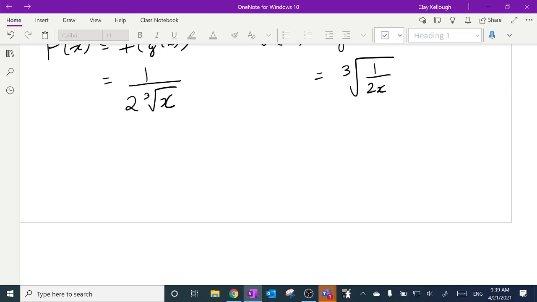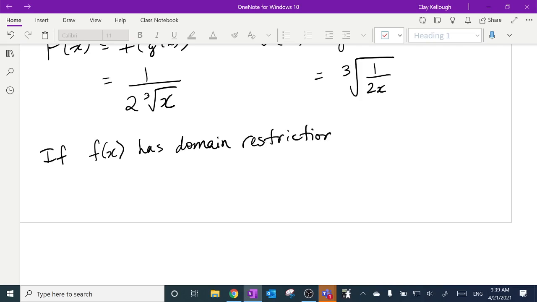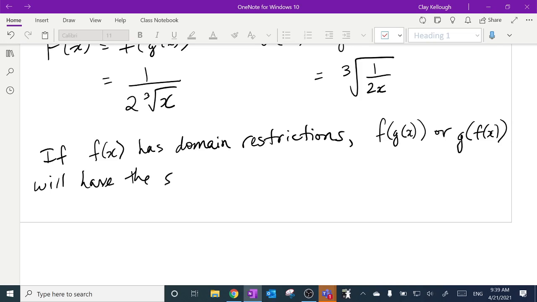If f of x has domain restrictions, f of g of x or g of f of x will have the same domain restrictions.